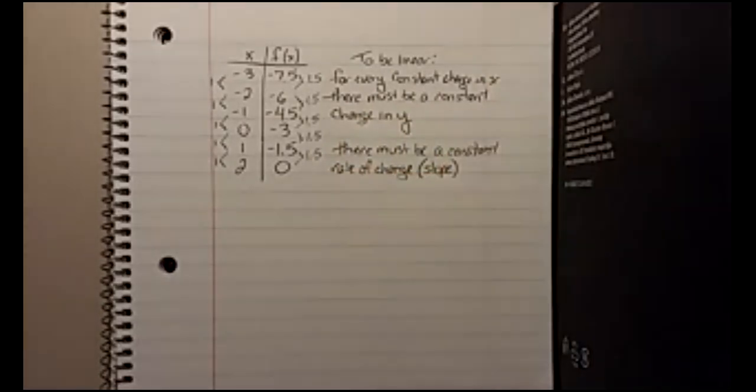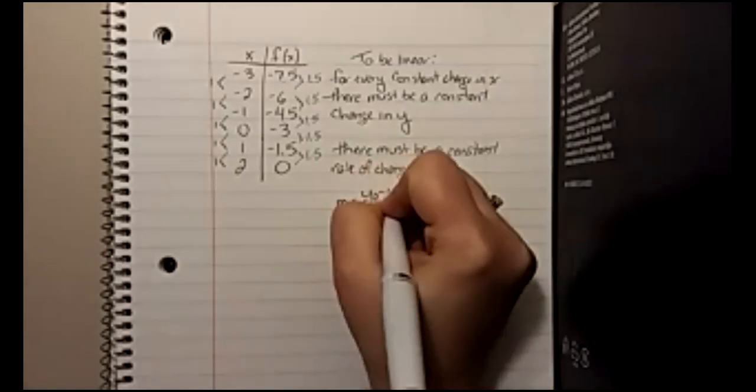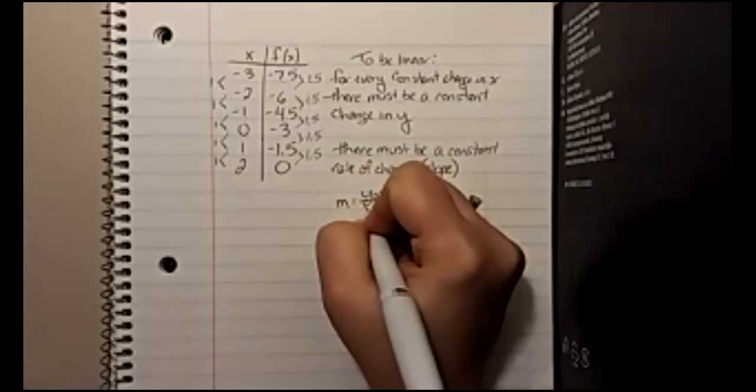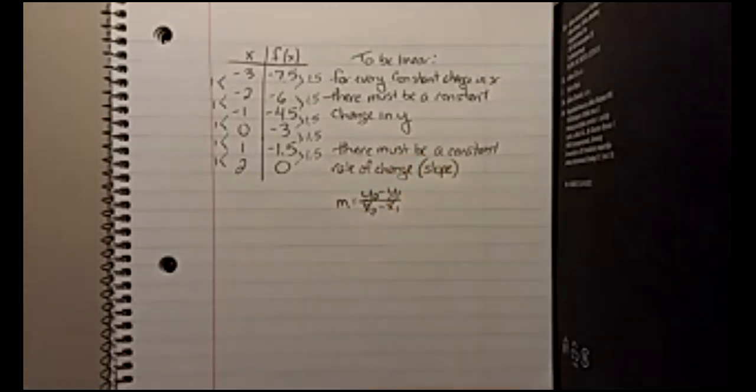And we know that slope is calculated by the change in y over the change in x. So let's see if we can do this calculation all the way down the table and see if it comes out the same. So these are two ordered pairs.